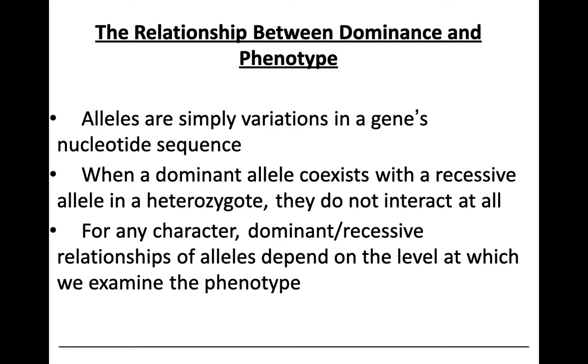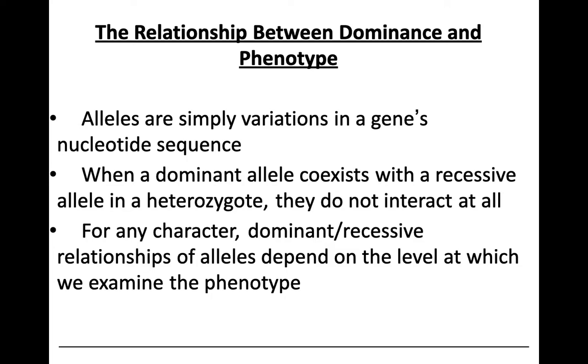Now, the relationship between dominance and phenotype: alleles are simply variations in a gene's nucleotide sequence, which makes proteins. When a dominant allele coexists with a recessive allele in a heterozygote, they don't really interact, but rather the two proteins are expressed, and then those proteins interact with cells, cell signaling, and organismal tissues, and the result will be whether or not the traits of that individual are different than a true-breeding dominant or recessive individual.